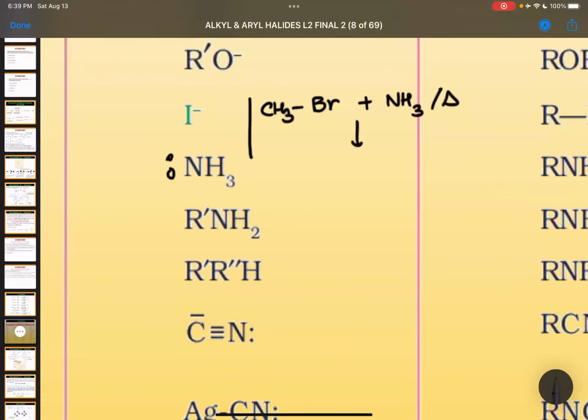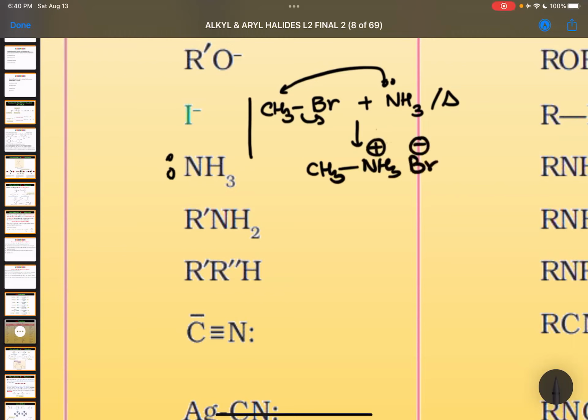And you also take some base, K2CO3 or Na2CO3. Actually this is a nucleophile and it is going to attack, and the Br will act as a leaving group. So immediately you are going to get CH3NH3 plus and Br minus.